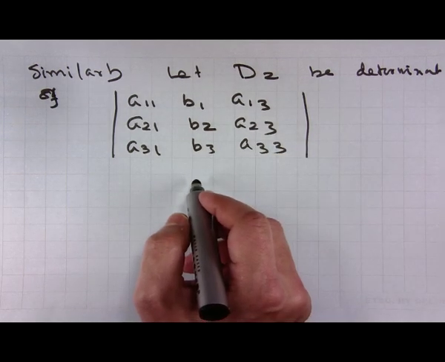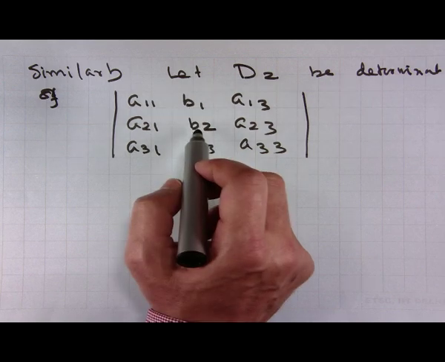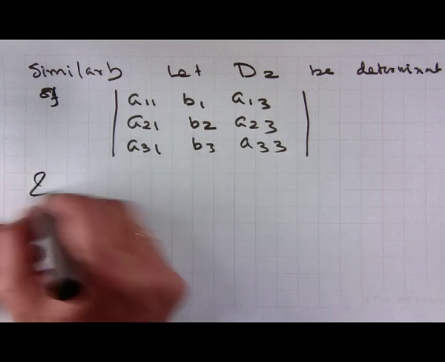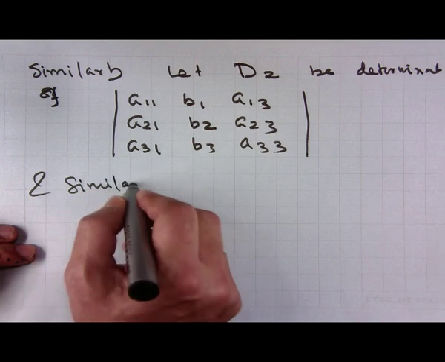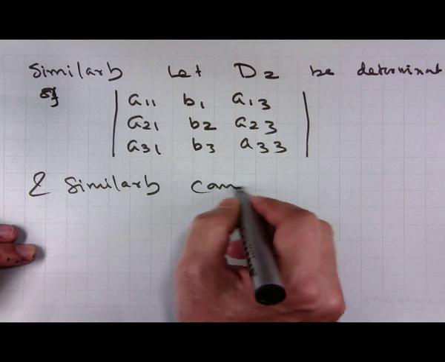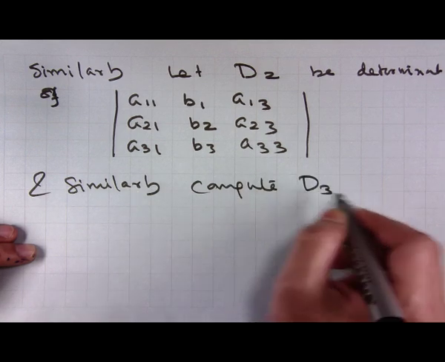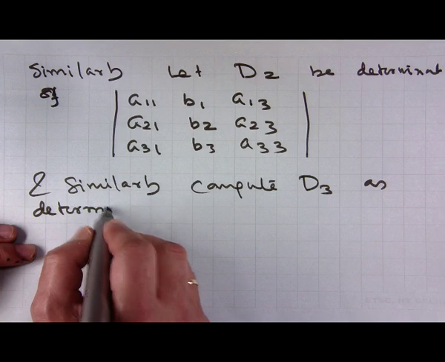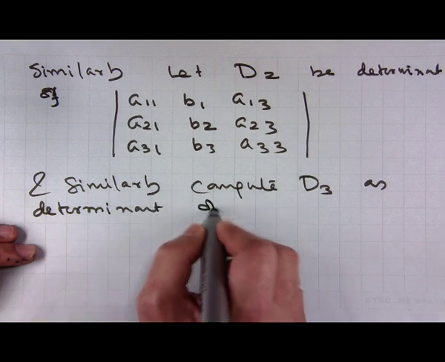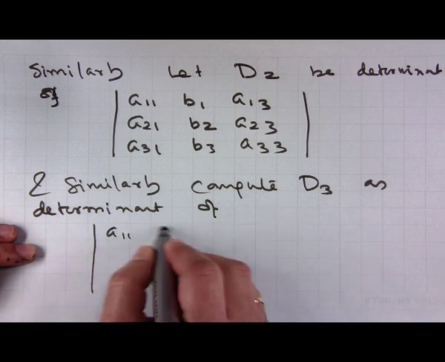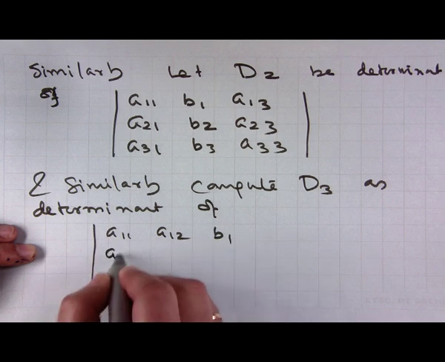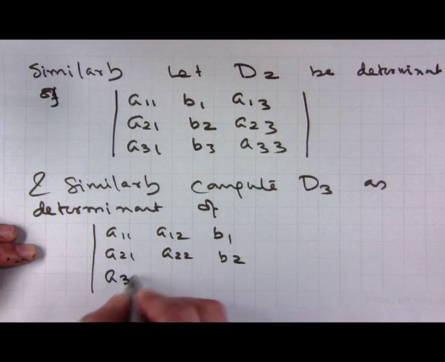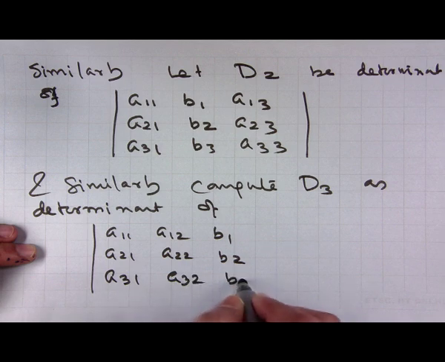That is, we have replaced the second column of the matrix by the B vector, and similarly compute D3 as determinant of A11, A12, B1, A21, A22, B2, A31, A32, B3.